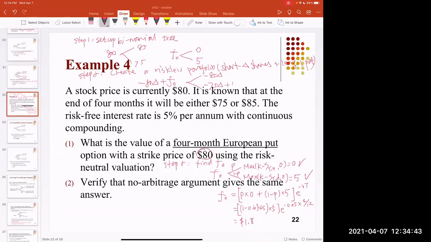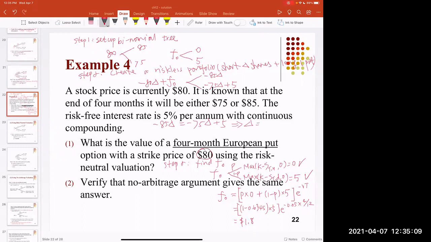Since we have the assumption of no arbitrage, we can set up an equation based on the payoff at time T, which is negative 85 delta equals negative 75 delta plus 5. Can you find the delta for me? What's the delta? 0.5.